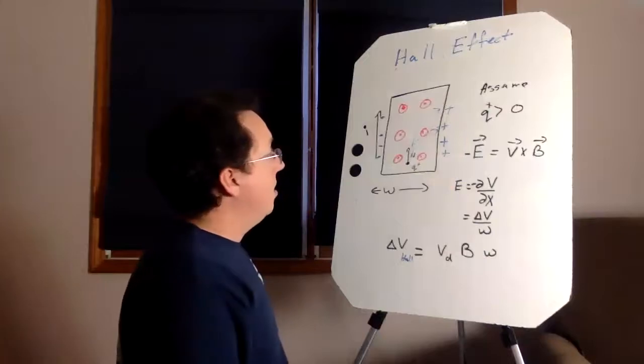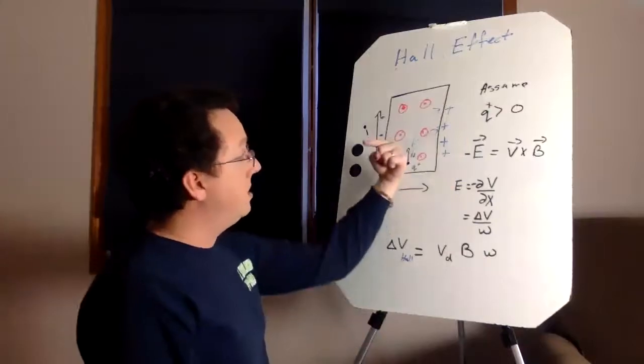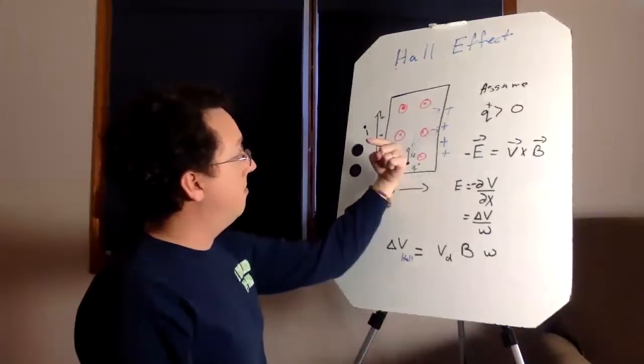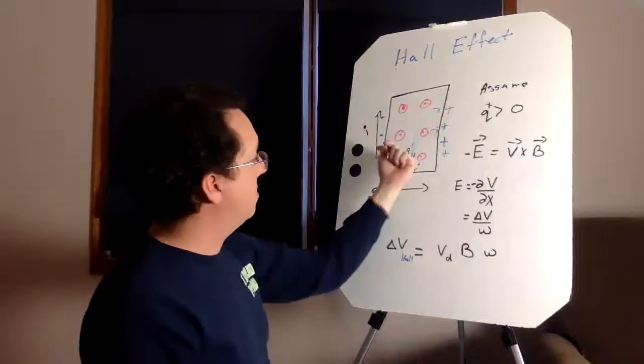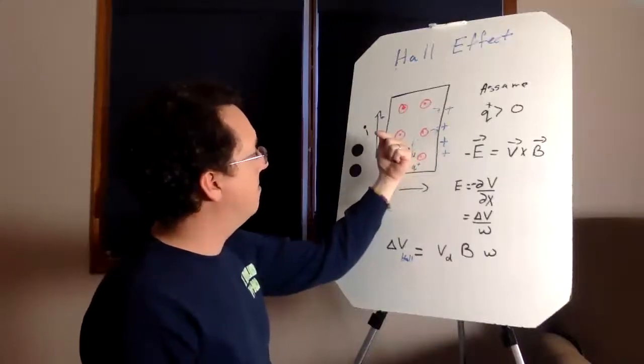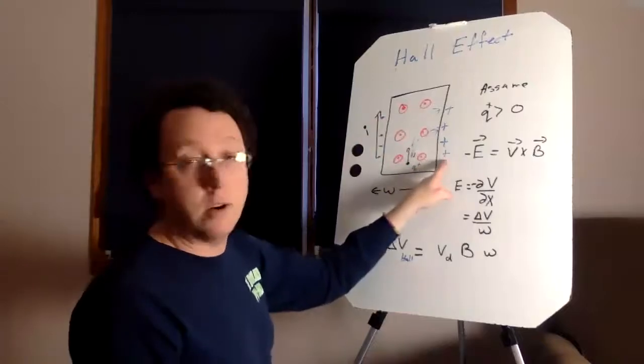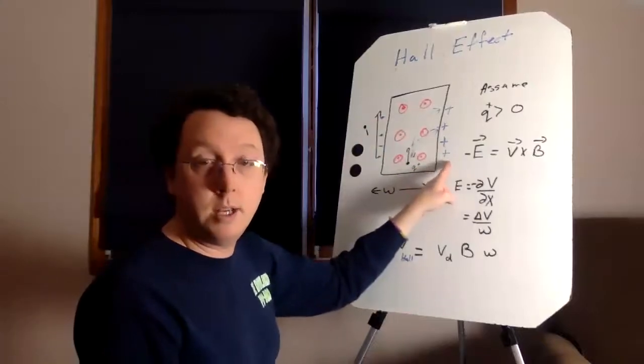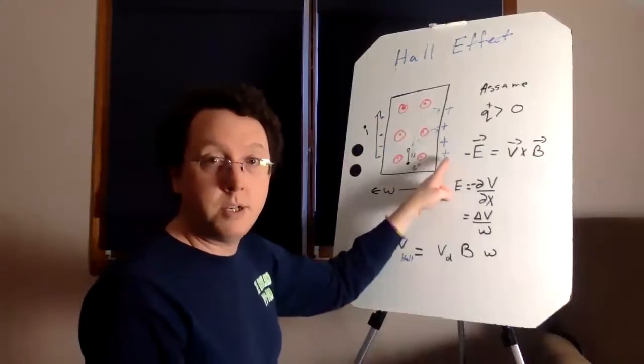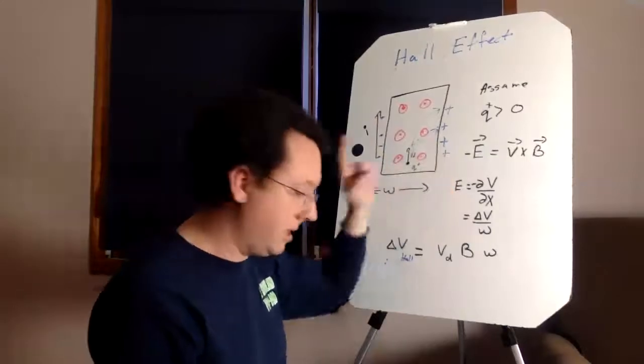And basically, okay, so what would happen is, with positive charges and a magnetic field into your eye, you're going to get positive charges accumulating this way, which means that the potential would be higher to the right.